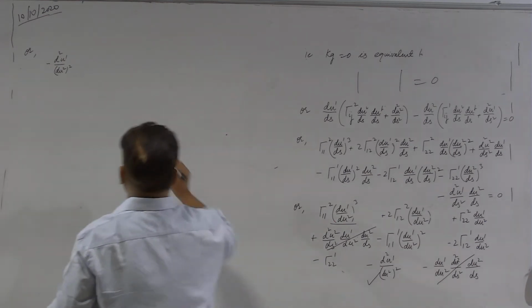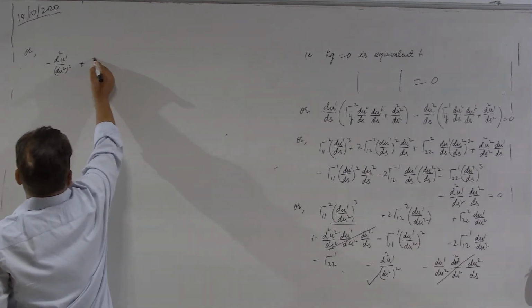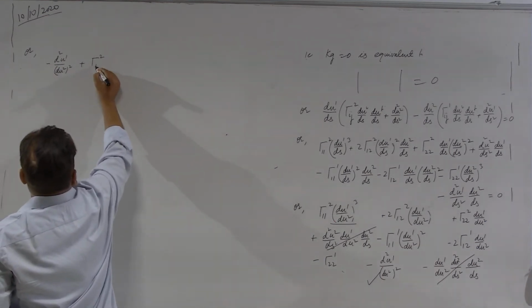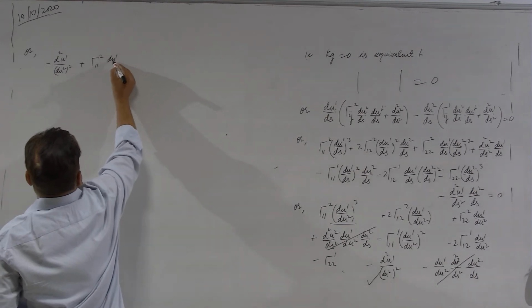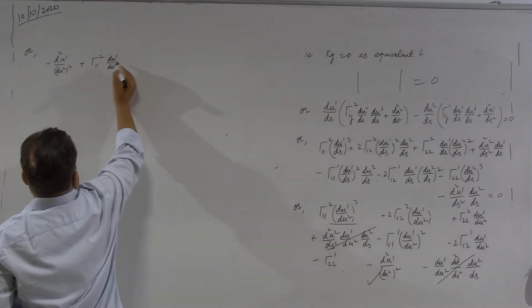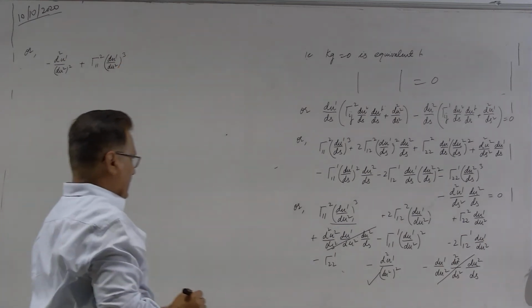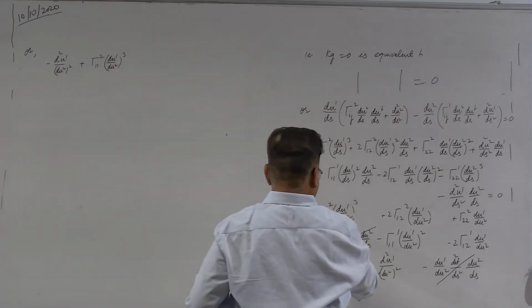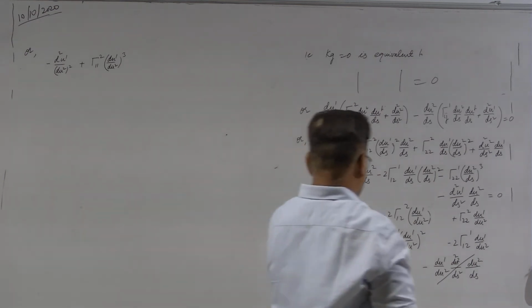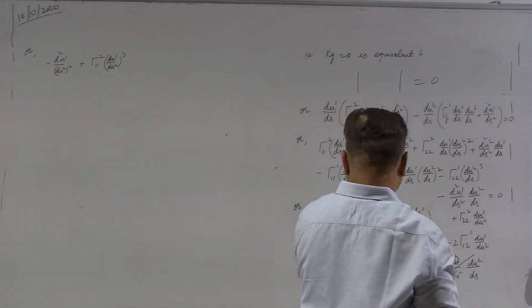So, plus gamma 2 11 into (du1/du2) whole cube. So, this is also taken, and then you have square term. Where are they?